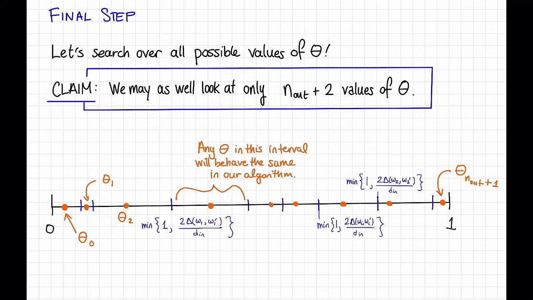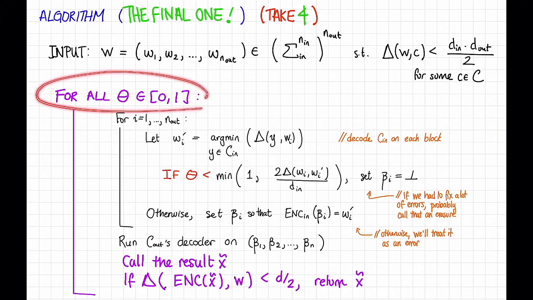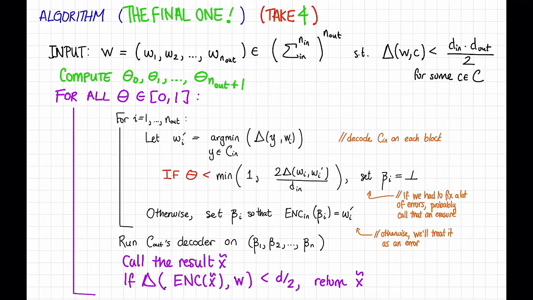So let's go back to our algorithm and make that update. Okay, so instead of exhausting over all theta here, first we're going to compute those representatives theta_i. Notice that we can do that because we just need to figure out what these things are, and we can just compute that and then just pick whatever representatives we want.